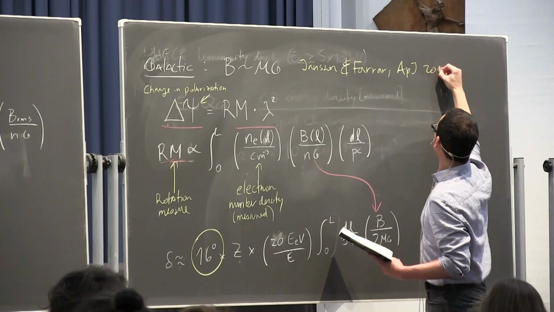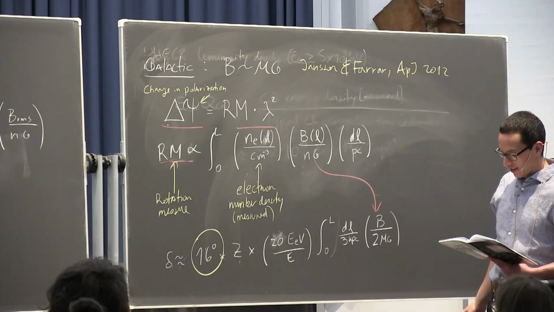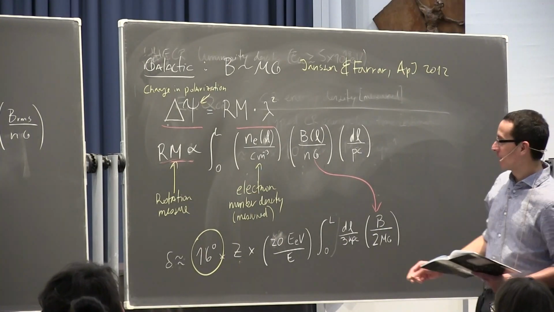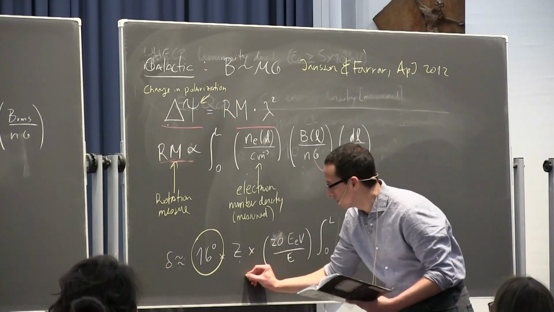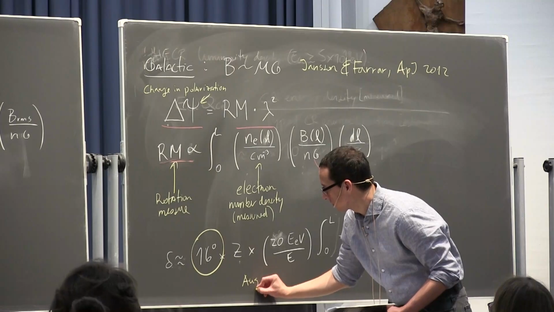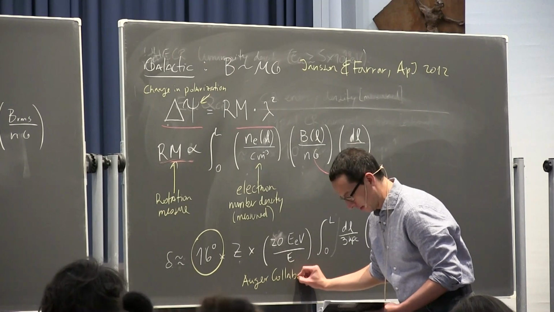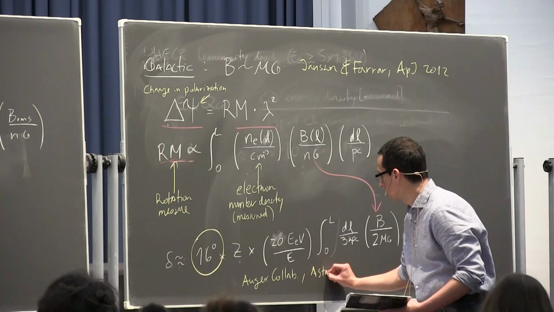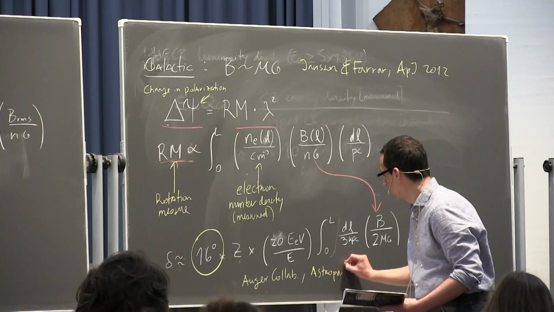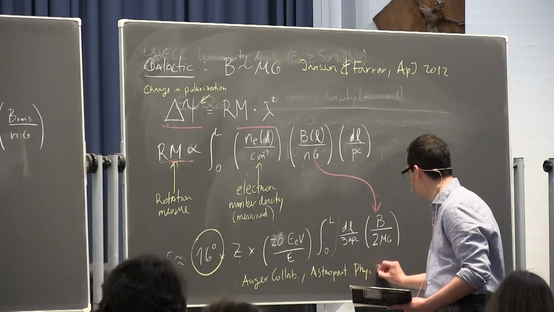And there's many models, but if you want to look at one of the early ones, is from a few years ago. And then if you want to know more about how to derive this in more detail, you can also look at one of the Auger papers from some years ago. This is Astroparticle Physics, 2007. Yeah, 2007.